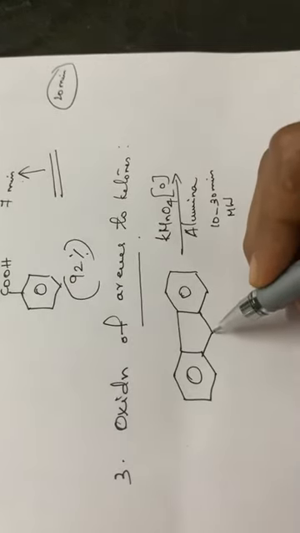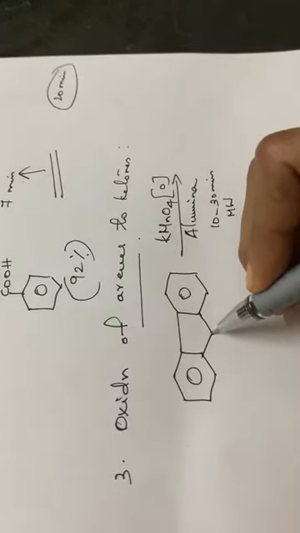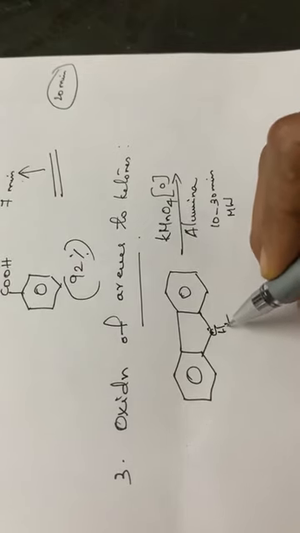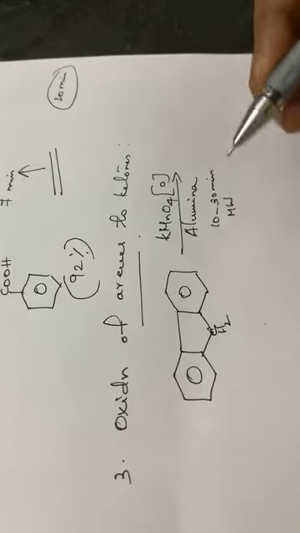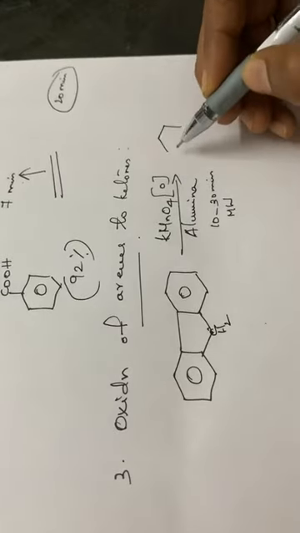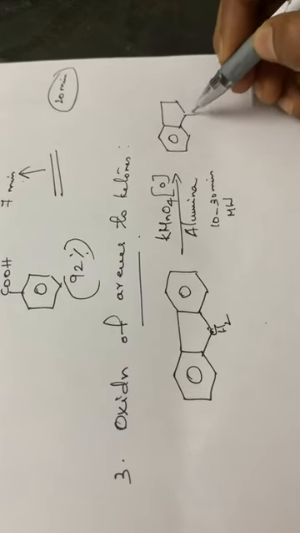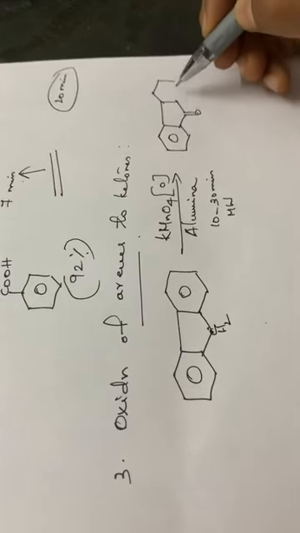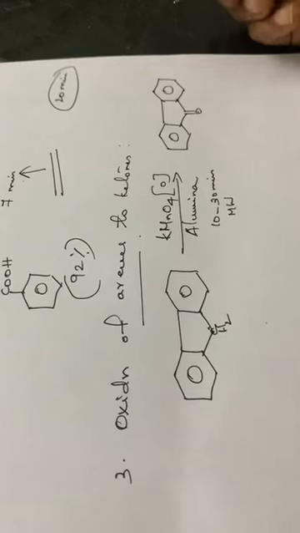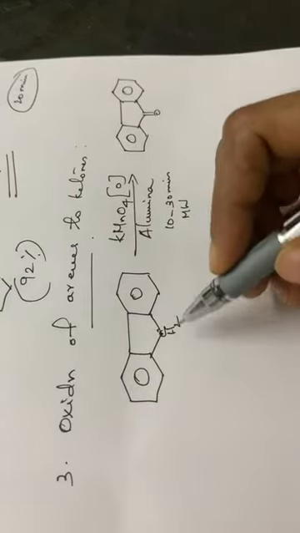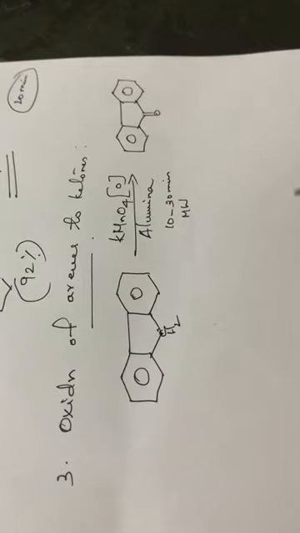The product will be, see at this position, the CH2 group has a carbon atom and 2 hydrogen atoms, isn't it? So the CH2 group is converted to a CO group after the reaction. So the product will be like this: C double bond O, then again a benzene ring. So this is the oxidation of arenes to ketones.